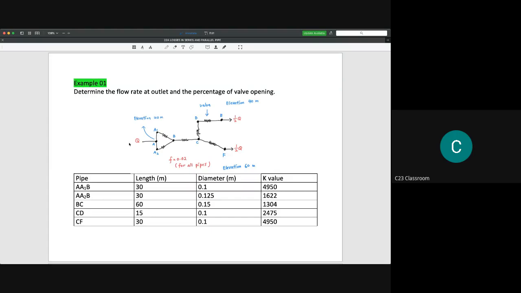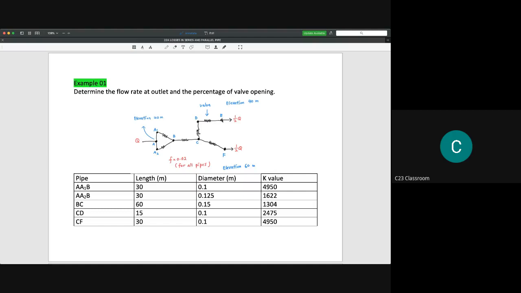The total flow rate at inlet is Q, but at the outlet, because it is separated into two pipes, one is Q over 2, and this is also Q over 2. The elevation means that the inlet is located 100 meters from the sea level.